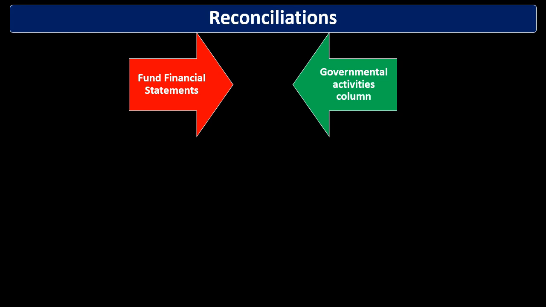Mainly because the governmental activities are on an accrual basis, and the funds, particularly the governmental funds, are on a modified accrual basis, and therefore we have differences that are a result of using two different accounting bases. We want to be able to take these two things, which should reflect the same information, and reconcile what those differences are.